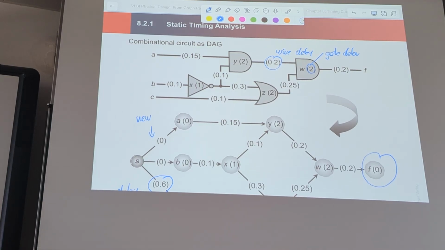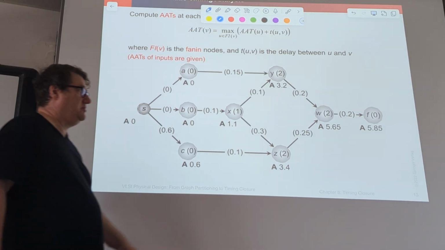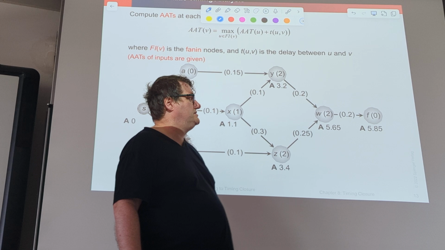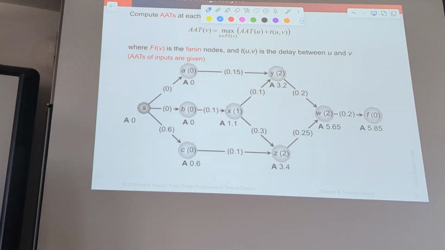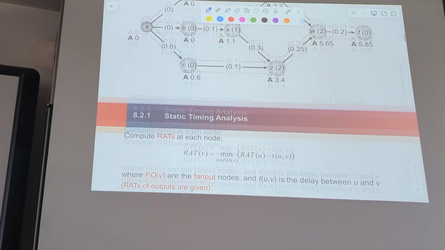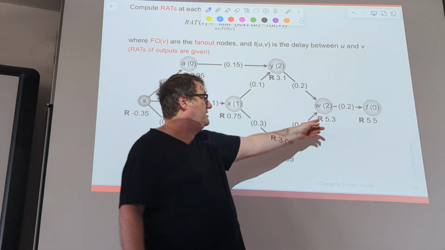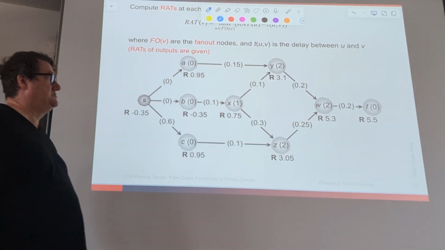So this drives this, so from here to here we have the 200 picoseconds, so we must arrive at 5.3 here.